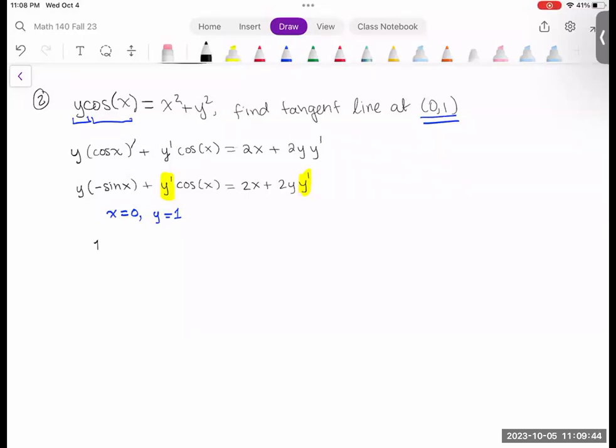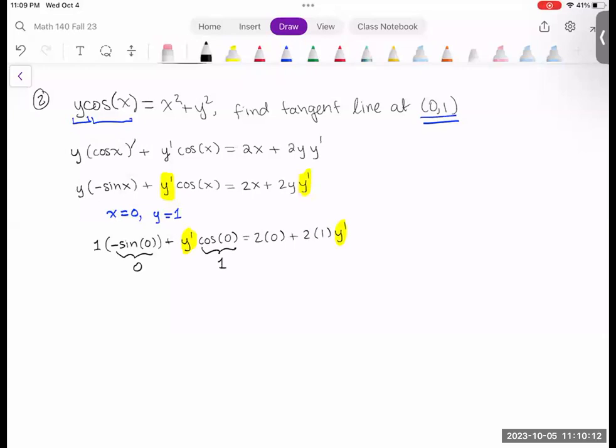So we have 1 times negative sine of 0 plus y prime times cosine of 0 equals 2 times 0 plus 2 times 1 times y prime. Okay. All right, and if we recall, sine of 0 is just 0, and cosine of 0 is 1.